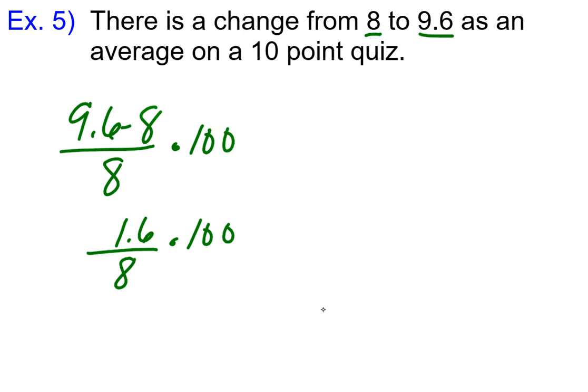So what I found out is that I have a 20% change. And it went from an 8 to a 9 and 6/10, so it increased. So for those of you who are taking a test, you went from a B to an A. So we can see how that changed. Just changing from a B to an A is a 20% increase. That's pretty good.